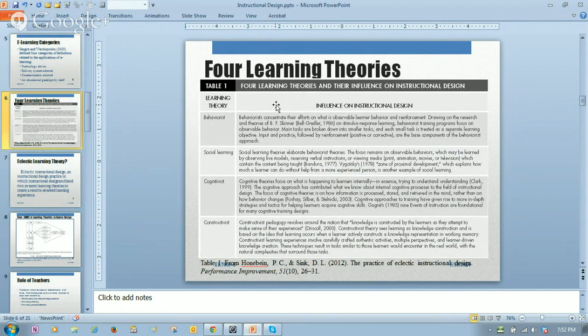As I looked at different articles and did the research, it seems that sometimes some of the learning theories overlapped, or perhaps I should say more than one might be applicable to a course design.